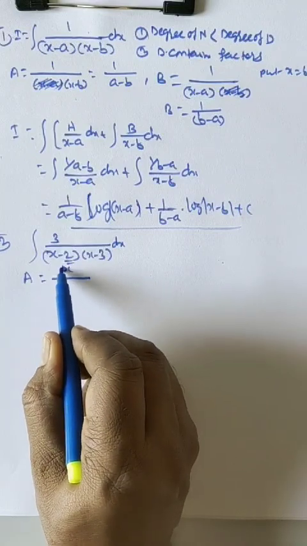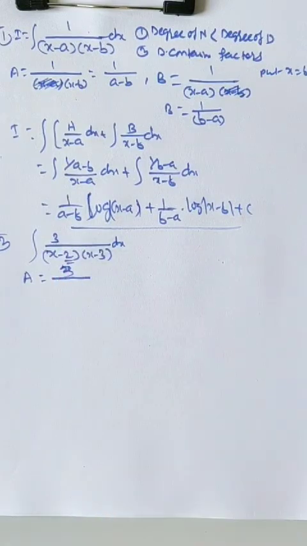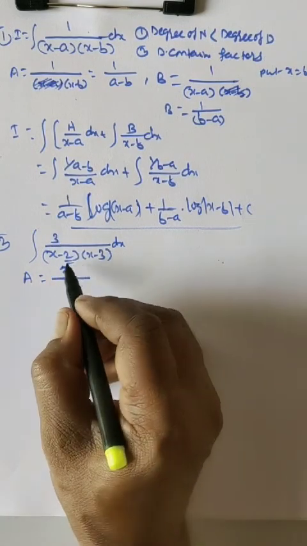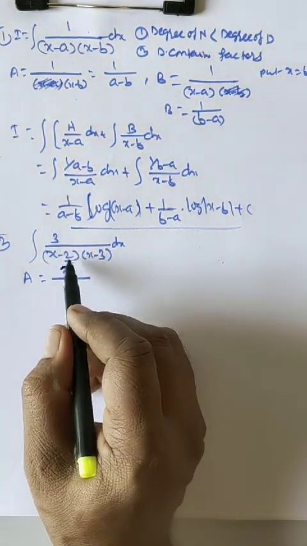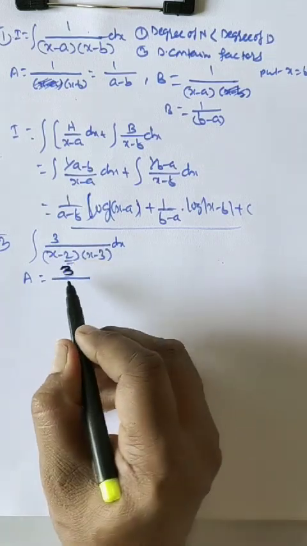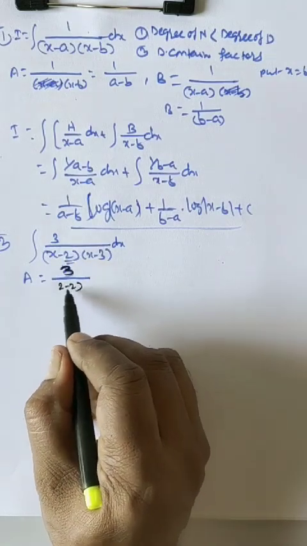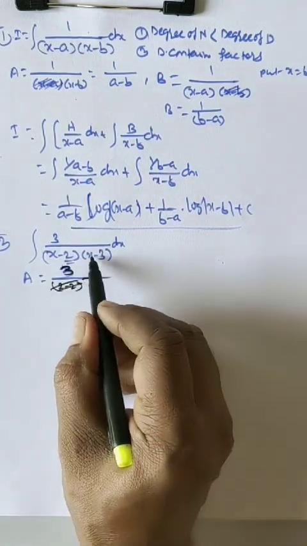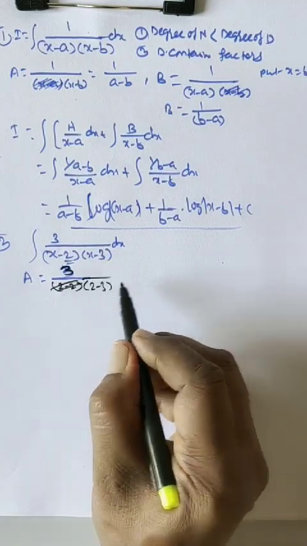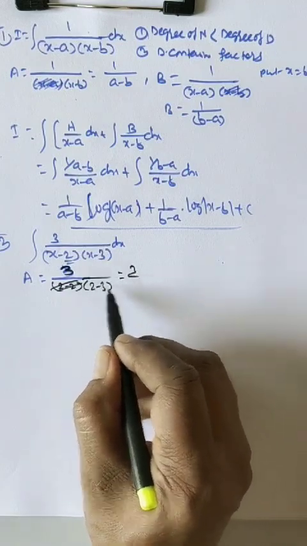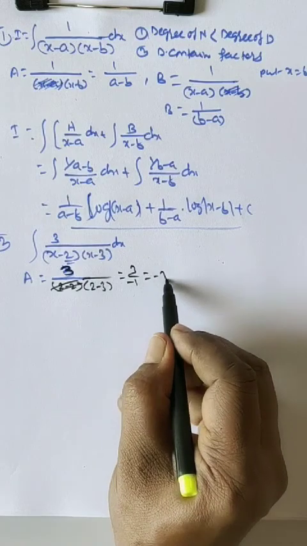In 3 upon x minus 2 into x minus 3, 2 minus 2 is 0, so this term is not used. The remaining term is 2 minus 3, so a equals 3 upon minus 1, which is minus 3.